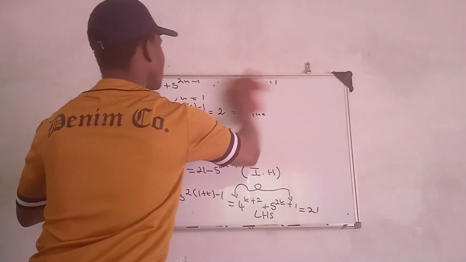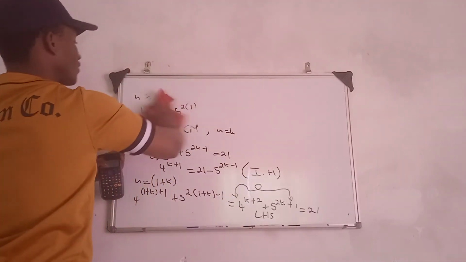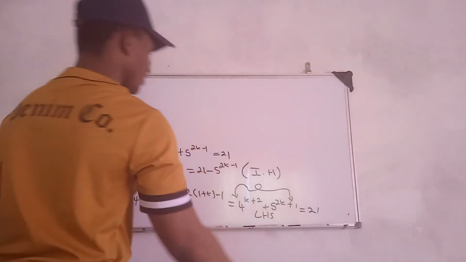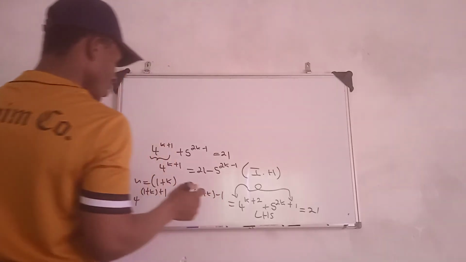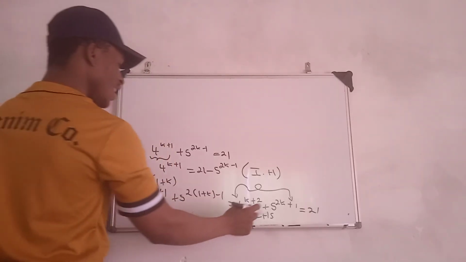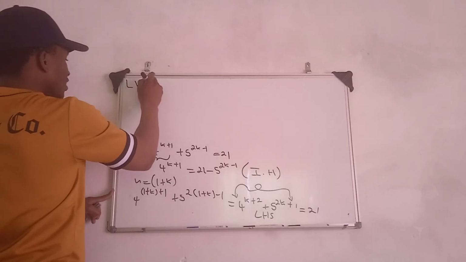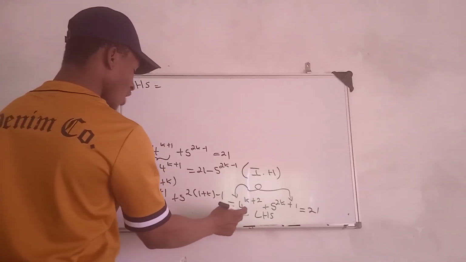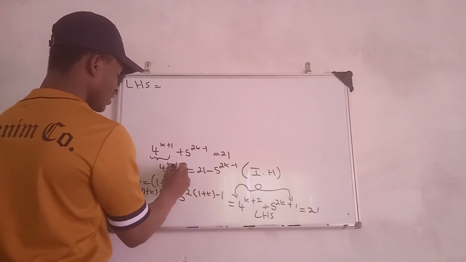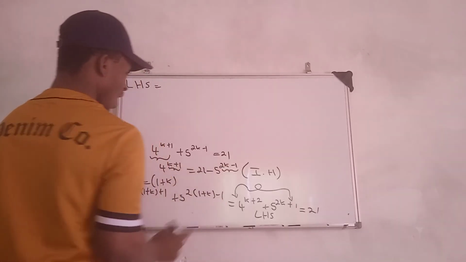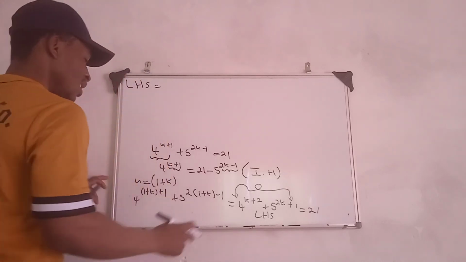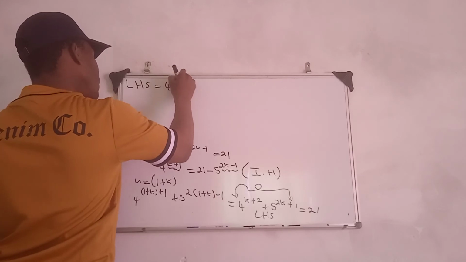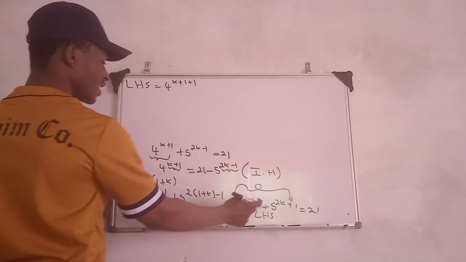So I can erase this part, except for my inductive hypothesis, as I will need it. So this LHS equals, I made this the subject of the formula, so I must write in terms of these exponents. So this one will be 4^(k+1+1), because it gives me 2.